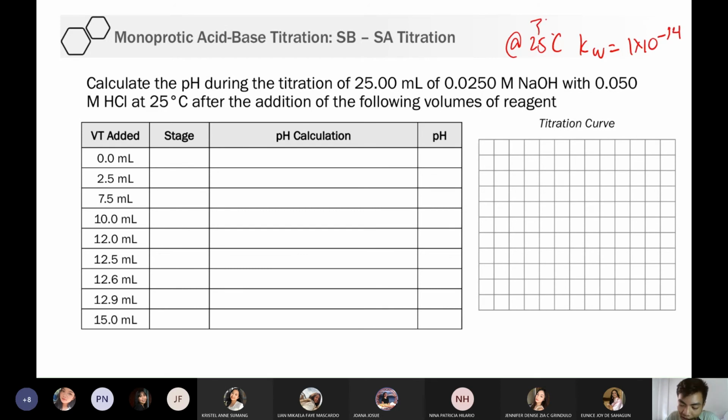Pero kunwari, naging 30 degrees Celsius yan, magbabago yung Kw. Okay? So, pag ganun, kunwari, nagbago yung temperature, ang usual na magbabago ay yung volume endpoint. However, we don't care too much about the temp. Hindi natin siya masyado papansinin to make things simpler. Okay.